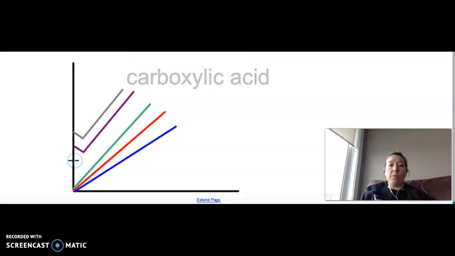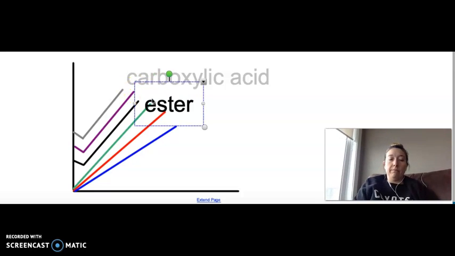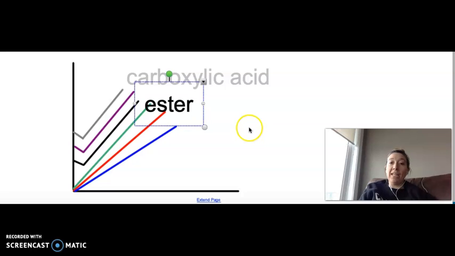So now when we add esters in, they are going to follow the same check mark, but they're going to be lower. The reason they're going to be lower is they don't have that hydrogen bond that the other ones had, okay? So that's your final diagram of what all those different melting point and boiling point trends look like.